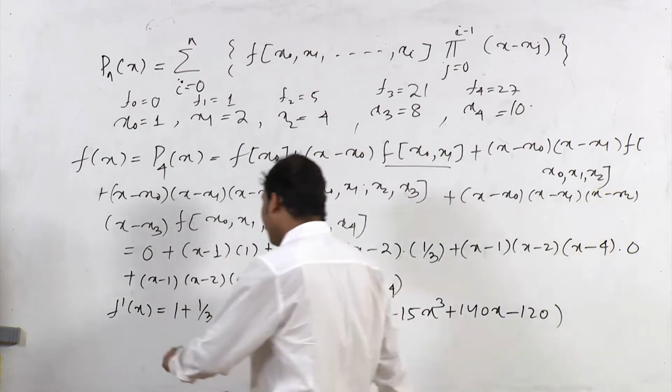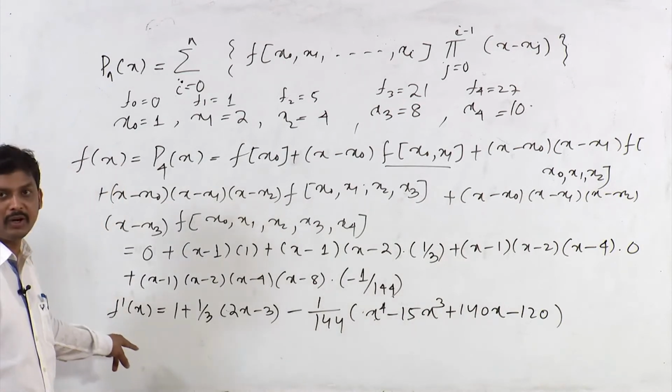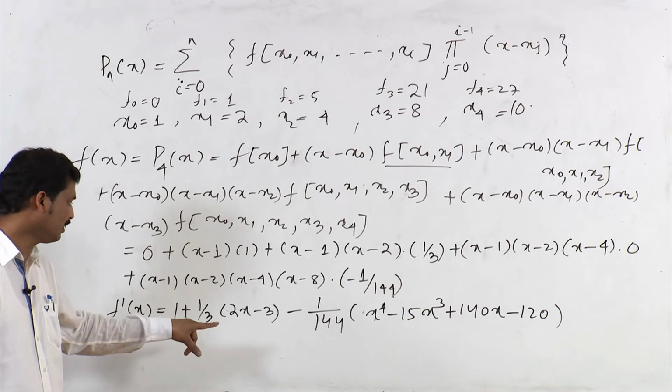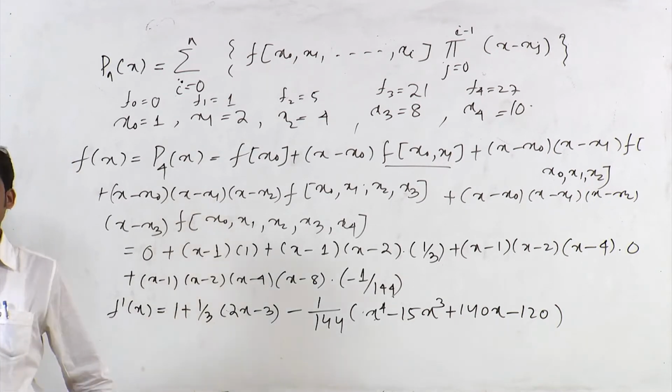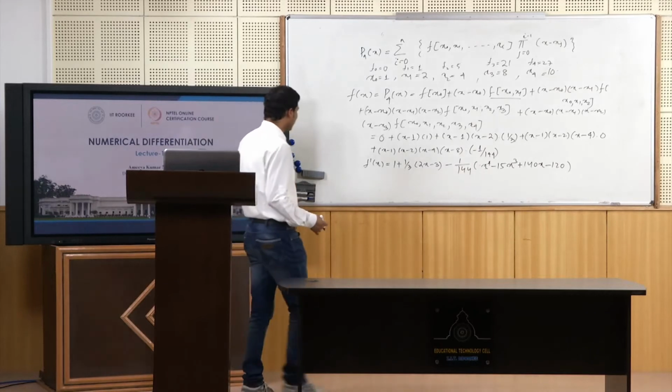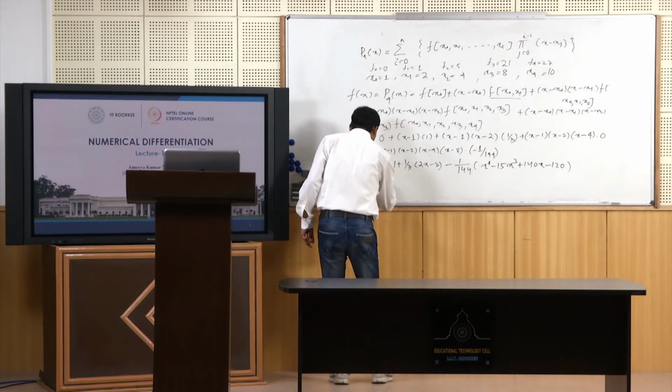If you want to find this derivative at the point 3, we can directly replace x by 3 and obtain the derivative at the point 3. And if we want to evaluate the second order derivative, we can directly differentiate once more.